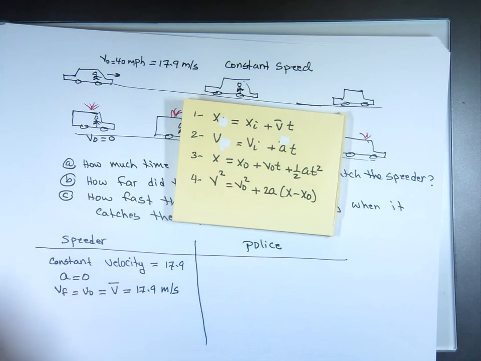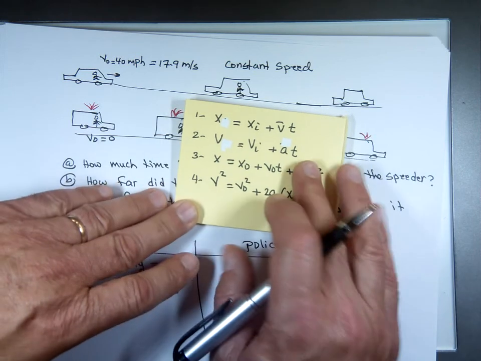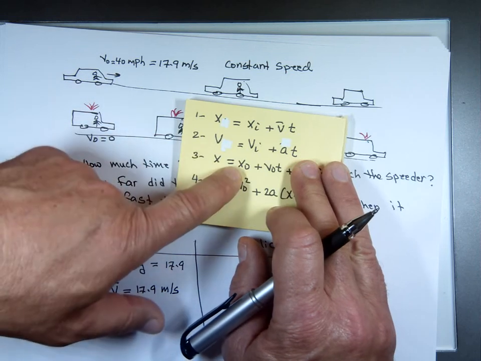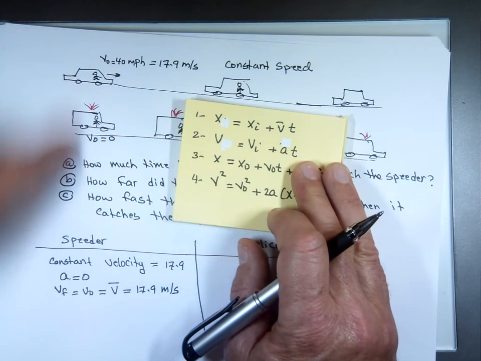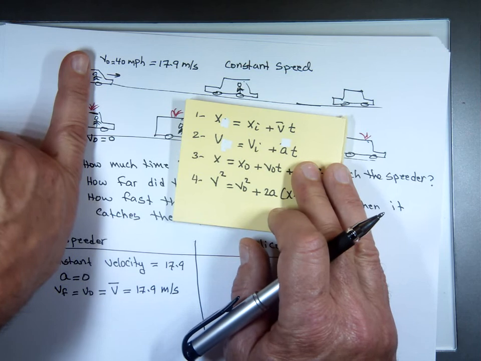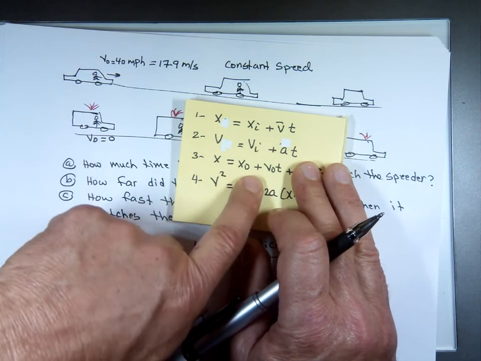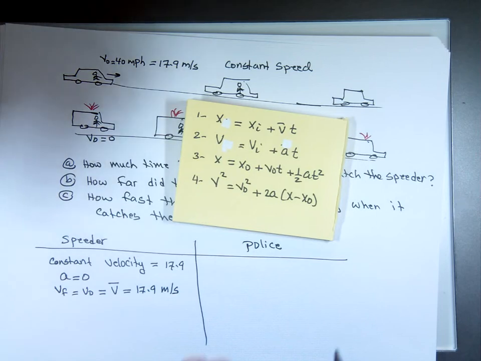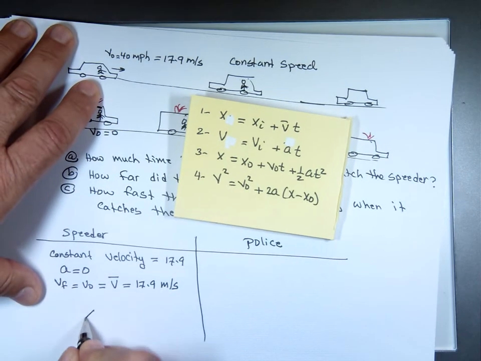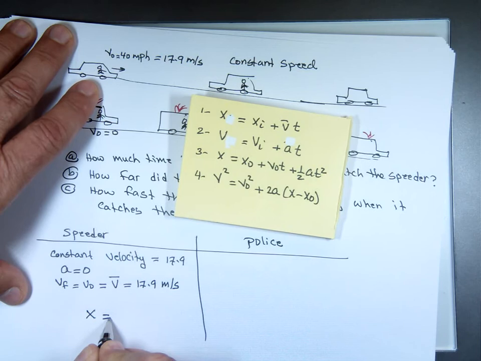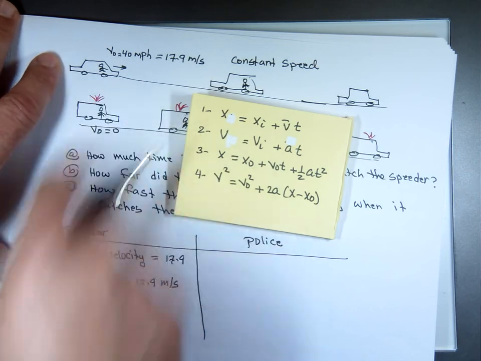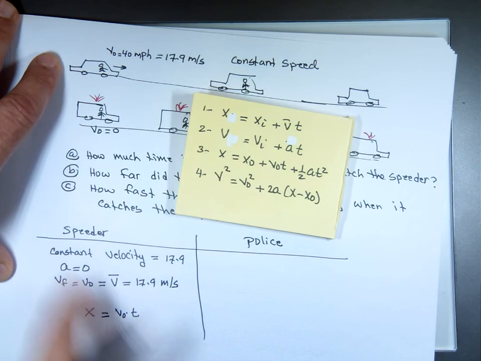If the acceleration is 0, this piece is 0, it says your distance equals what? Since I make the initial always 0, so I'm going to mark the distance like this is the 0 mark. It's going to be 0 plus the velocity times time. So there's only really one equation when you have constant velocity, and that's x, the distance, equals the velocity times the time. That's it.